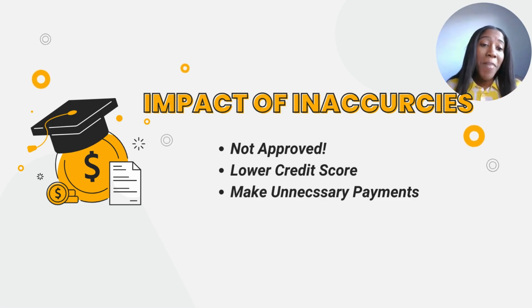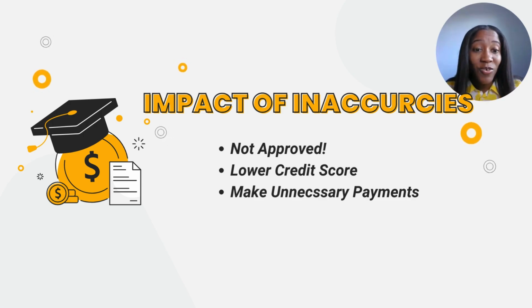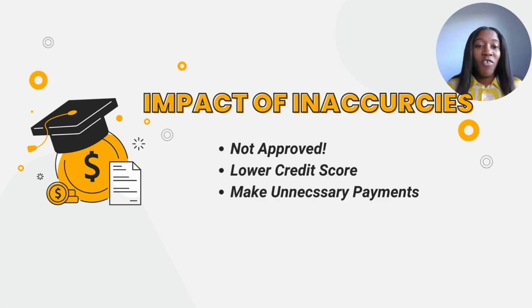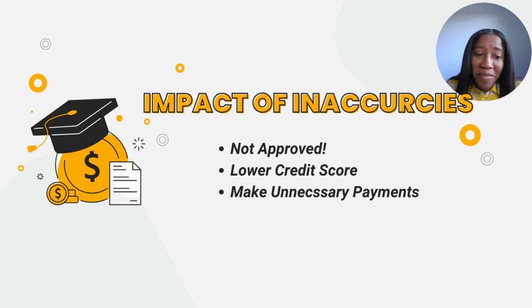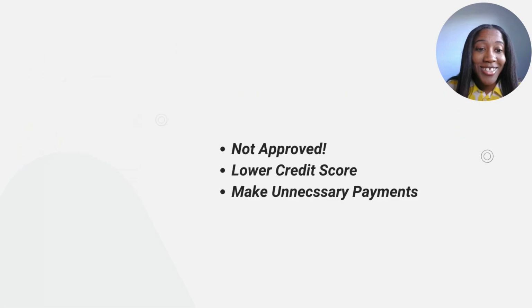And so that's impacting your credit utilization rate. And that was one of our tips we talked about early on. And you can end up making unnecessary payments, which is going to bring me towards my embarrassing story. But before we get to that, I just want to go over a few more things and then I'm going to talk about that embarrassing story.